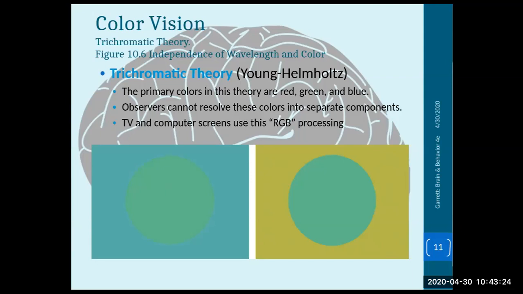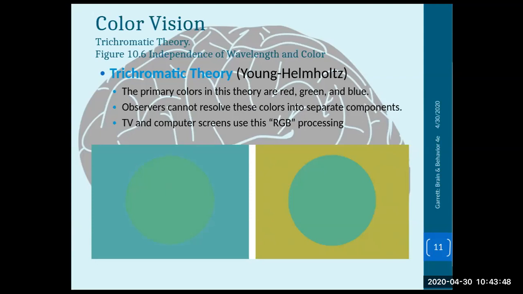So they looked inside the cones and realized that there are three primary colors, kind of like what you've thought about in art since preschool, right? The three primary colors represented in cones are red, green, and blue.